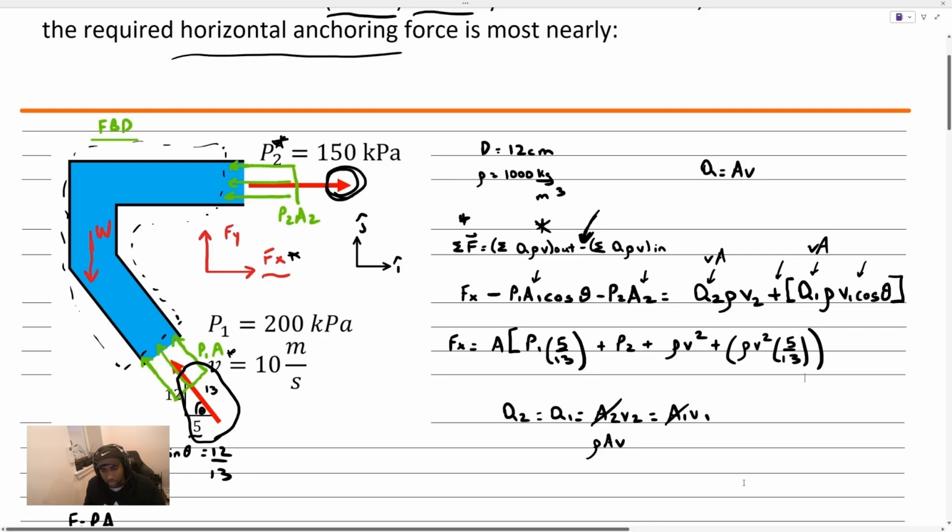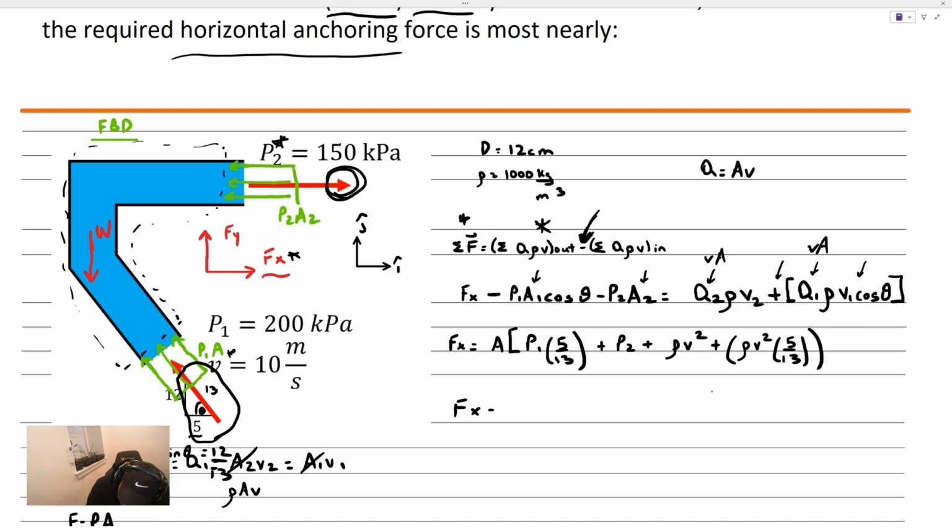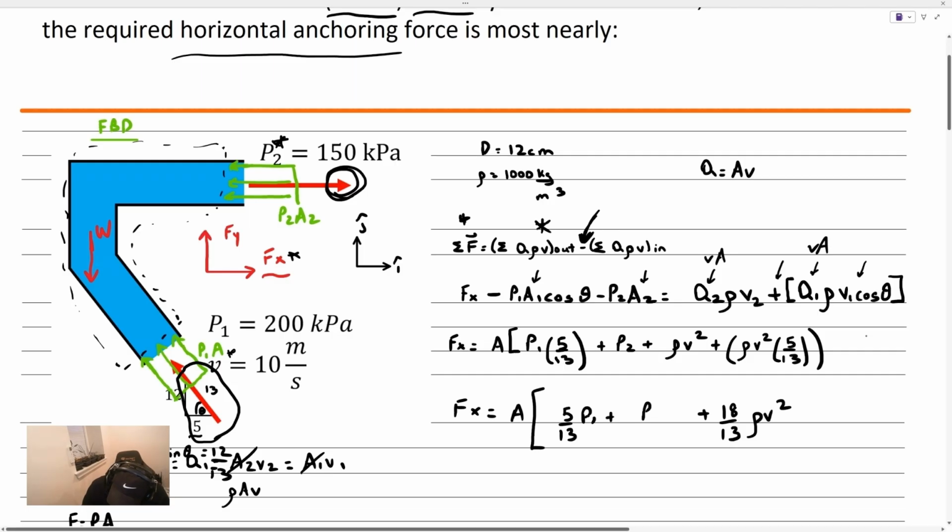If we combine some of these terms here, Fx is equal to my area multiplied by, we can start substituting some of these terms in. Actually, let's combine this term here. We know that 1 rho v squared plus 5/13 rho v squared is 18/13 rho v squared. We also add on 5/13 of P1 and a P2. So this is our full equation here.